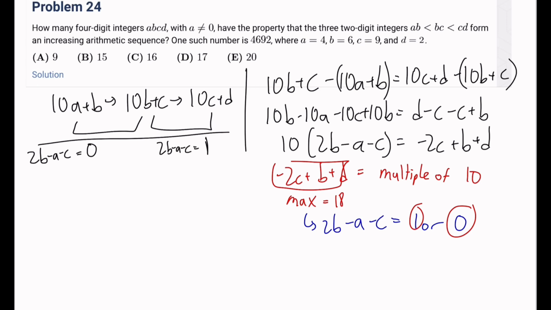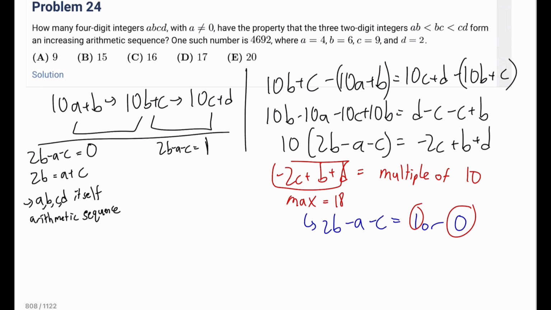And so if 2b minus a minus c is 0, then that means 2b equals a plus c, right? And so that just means a, b, c, d itself will be an arithmetic sequence.